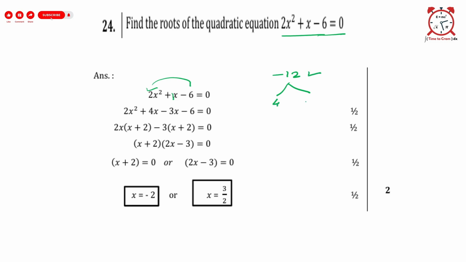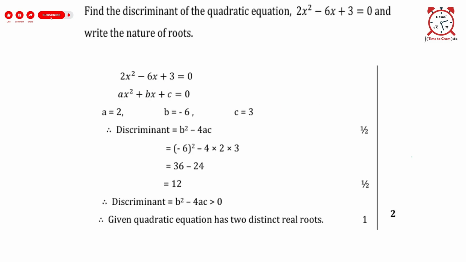So 4 and minus 3 will give plus 1 here and 4 multiplied by minus 3 will give minus 12. So split the middle term 1x as 4x minus 3x. From these four terms, take the common factor, then we will have this step. After comparison with 0, we will have two roots: x equal to minus 2 and x equal to 3 by 2.